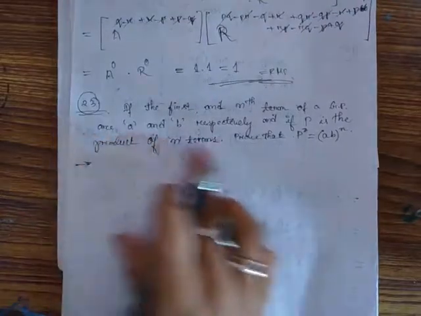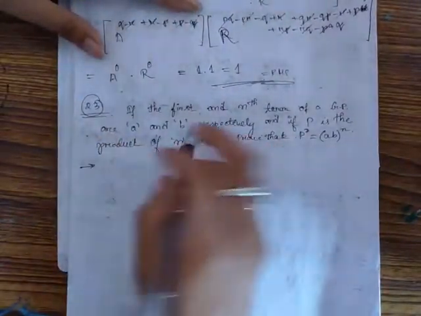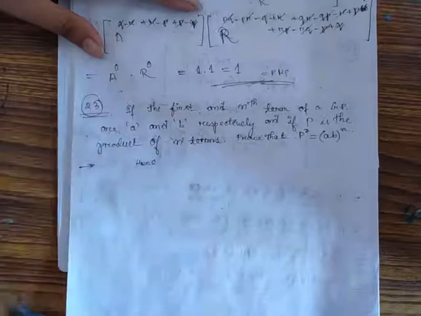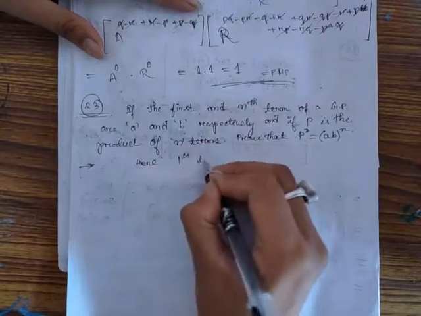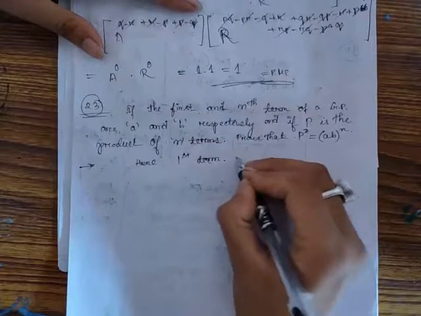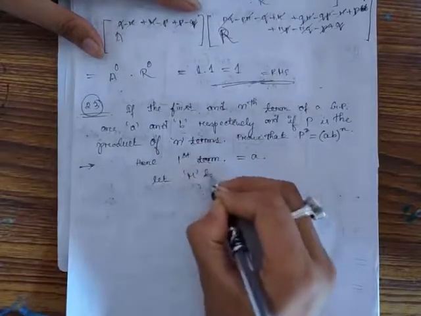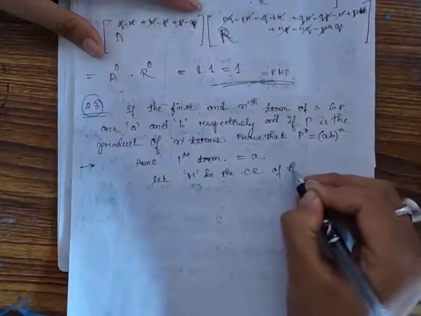Now we will discuss question number 22. Here it says if the first and nth term of a GP are a and b. The first term is given as a. The common ratio is not given, so let r be the common ratio of the GP.